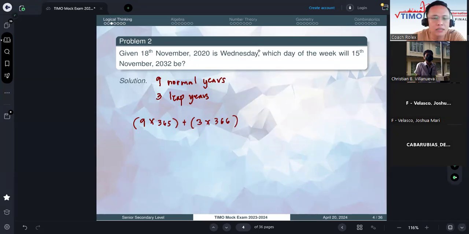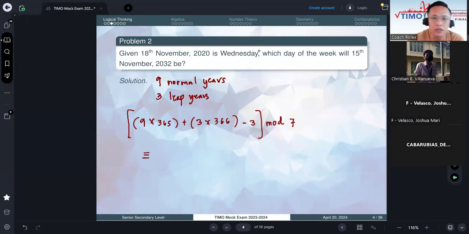Now, the given is 18th of November, but we are looking for the 15th of November for the other year. So we subtract 3 here and take all of this modulo 7, since we are looking for the day of the week.